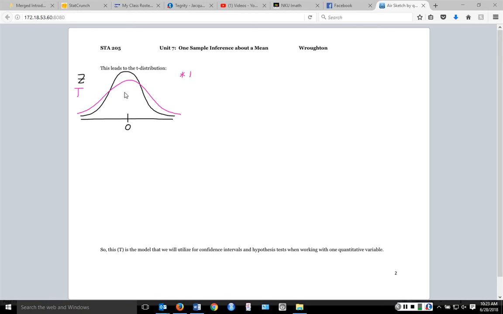First, T is symmetric and unimodal. Or again, kind of what you would think of as normal looking.